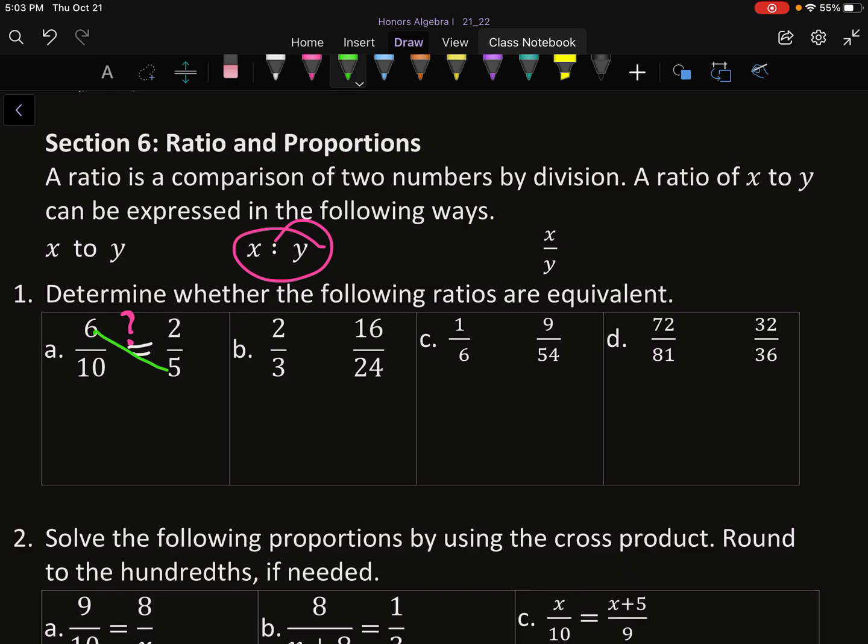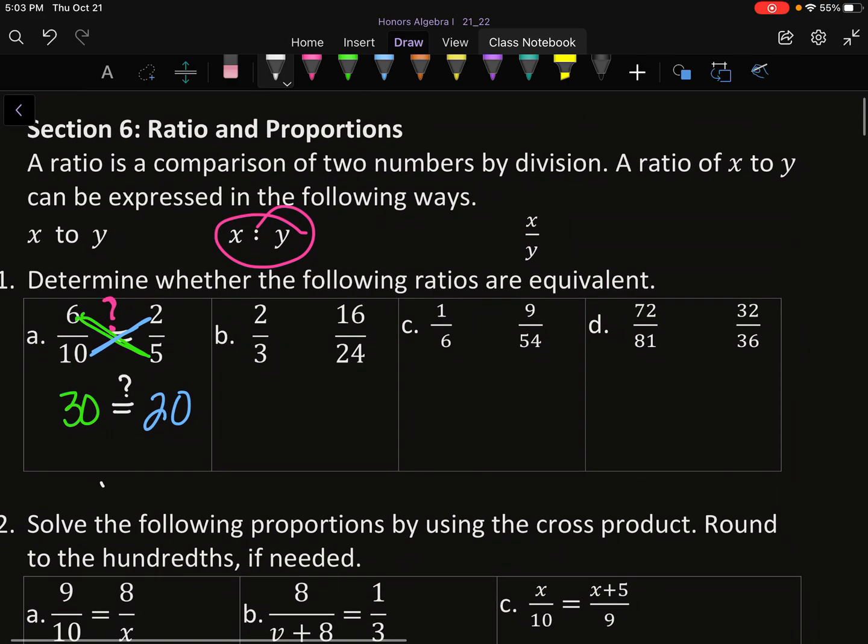So I can do 6 times 5, which is 30, and does that equal 2 times 10? That's 20, and that is a hard no. It does not. So it does not equal. So we'll just continue down the line.